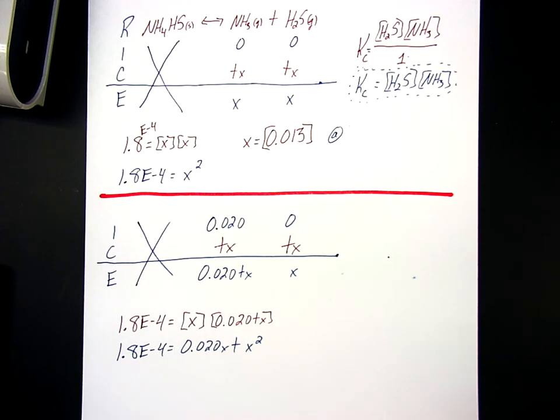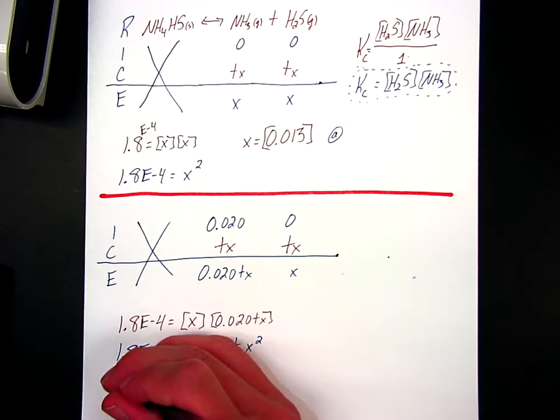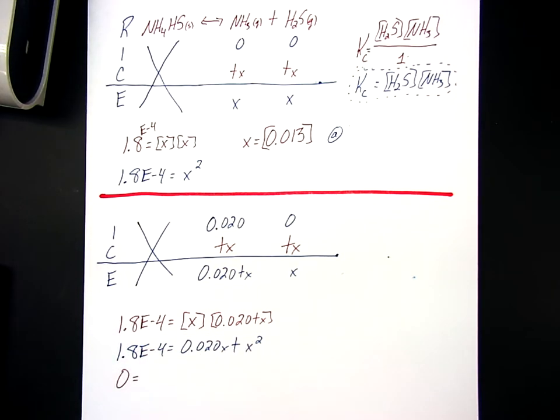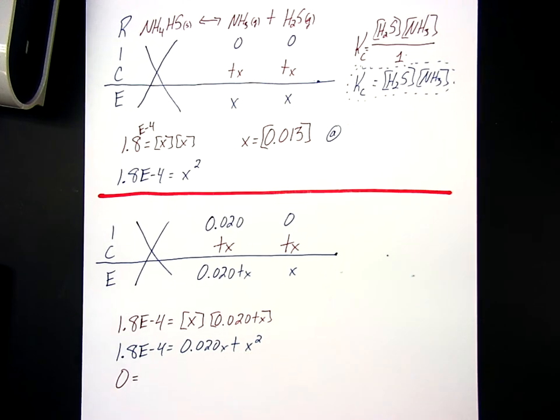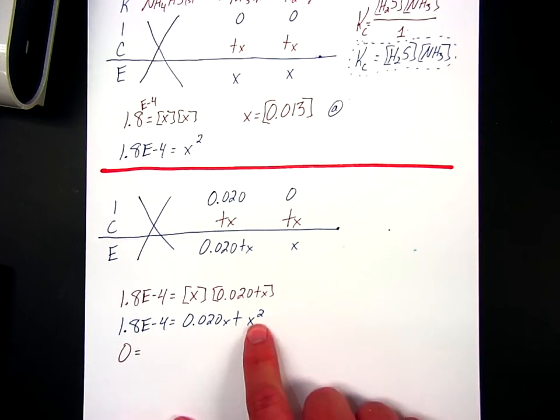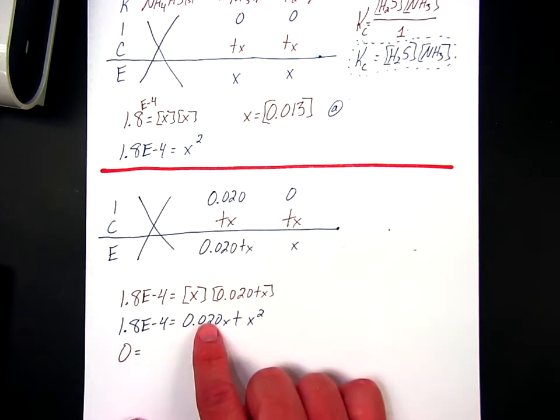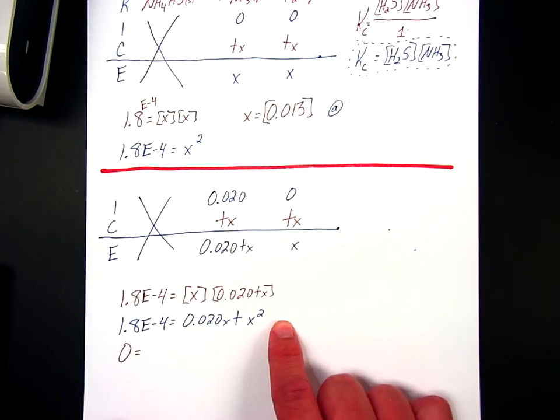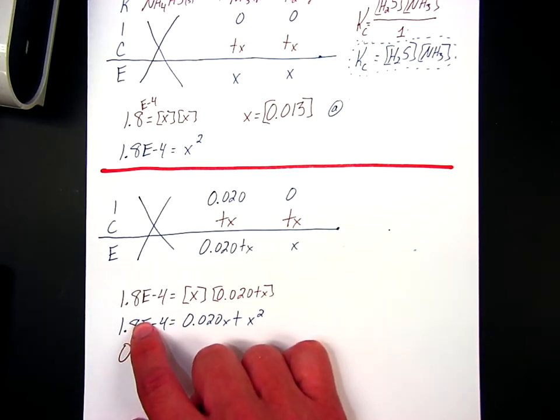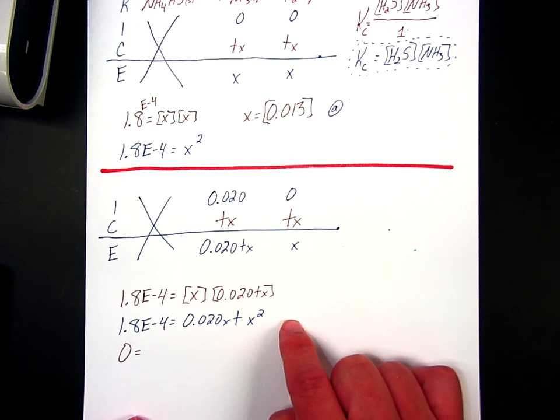For our solver to work, to solve this quadratic, it needs to be a 0 equals. Now, you'll notice that these two are already on the same side. And remember, we never want the X squared to be negative. So I'm going to rearrange this a little bit and bring it over to this side so it looks correct. But then I need to subtract to move it over here.